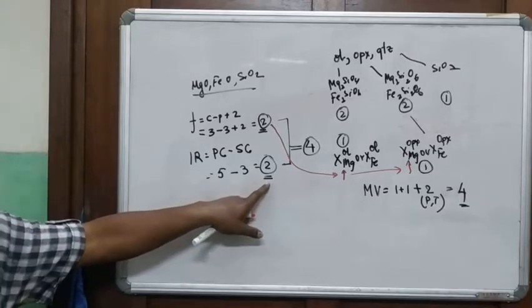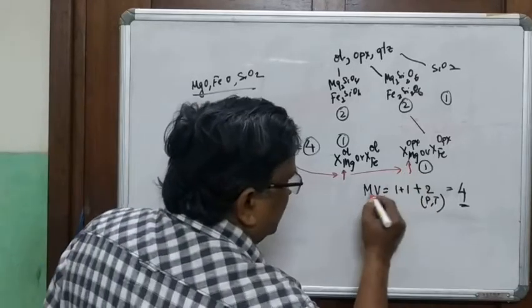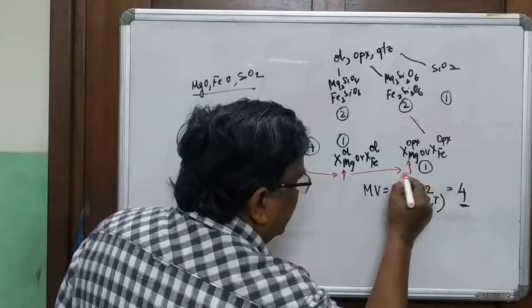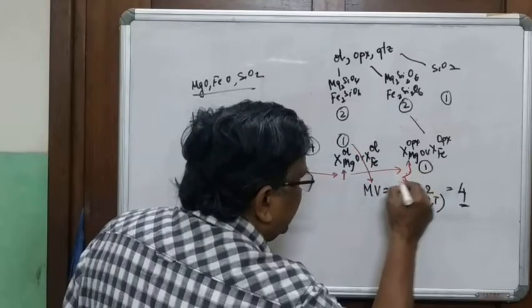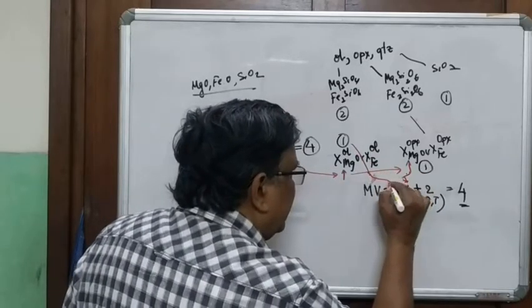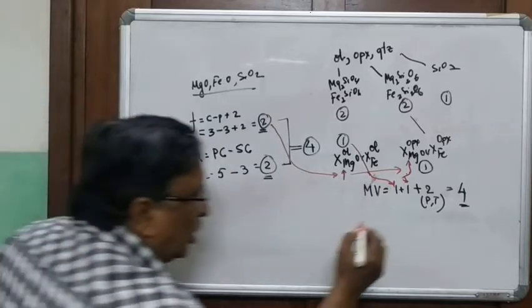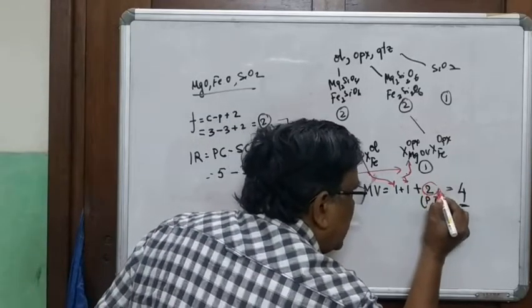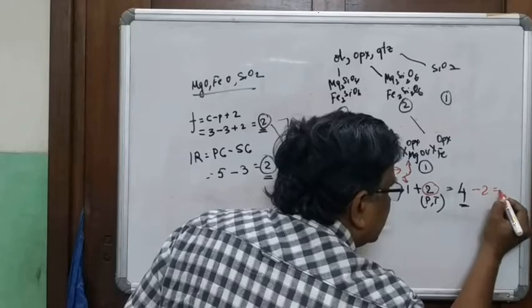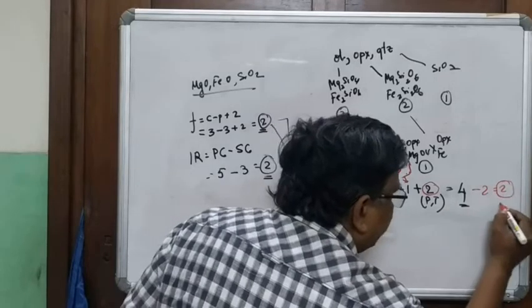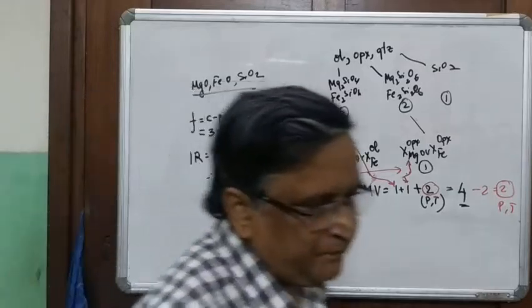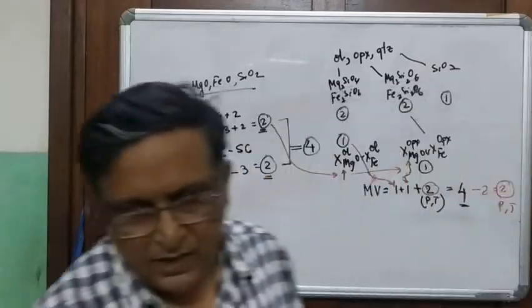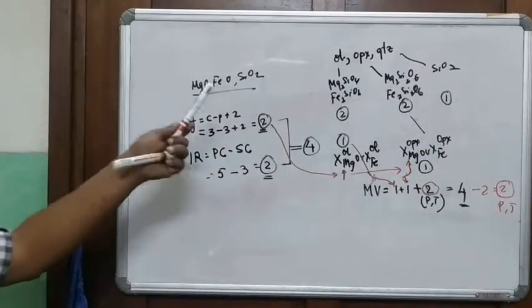The compositional variables are therefore constrained. You are left with 2 unknowns, 4 minus 2 is equal to 2: pressure and temperature. And you are left with 2 reactions, so this system can be constrained if you have 2 reactions.